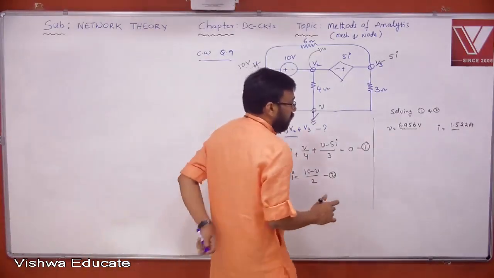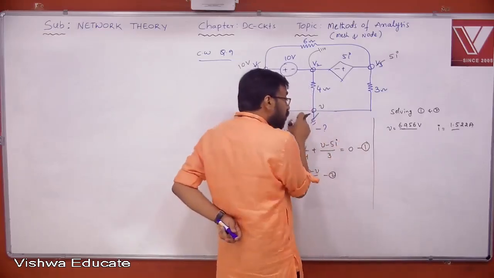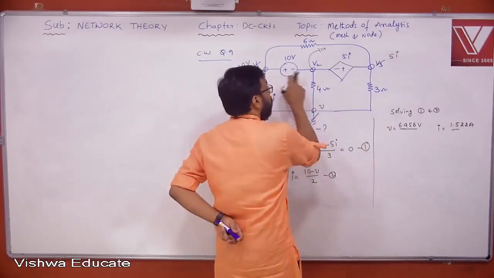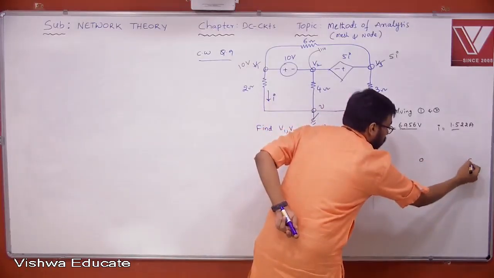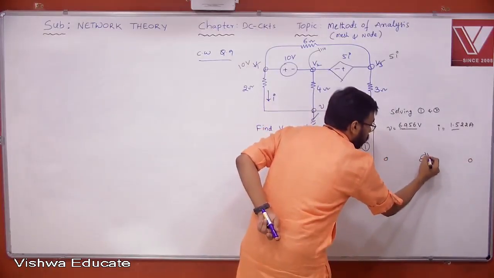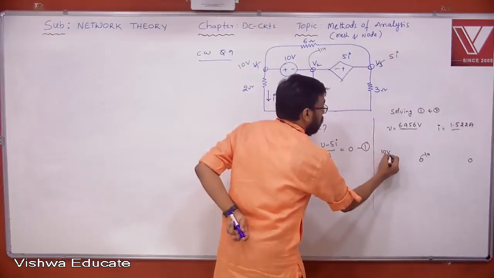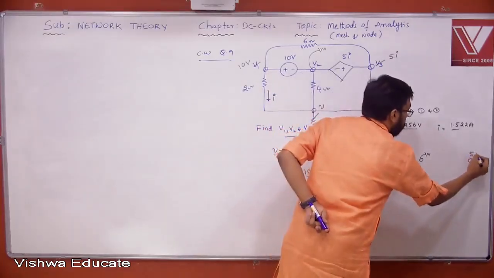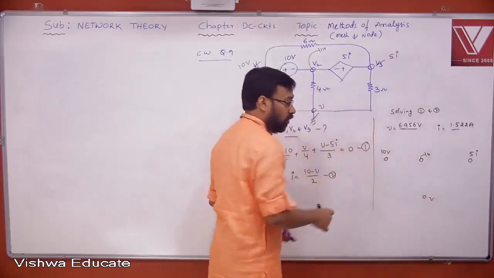Now look at this. You need to answer the question: taking this node as a reference node, what is V1, V2, V3? So let me just draw it once. Actually, you have taken this as 0 and you got 10 volts, you got 5I and you got V, yes or no? This is how you solved actually.